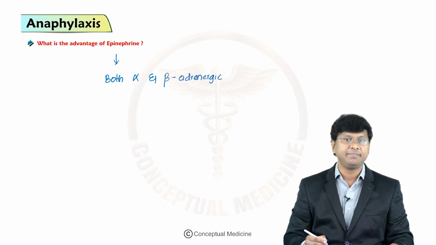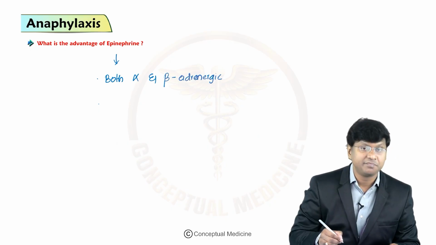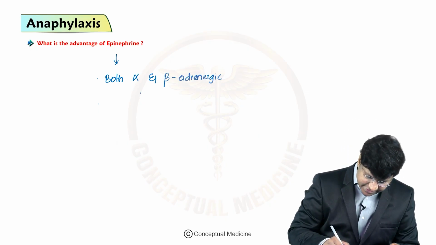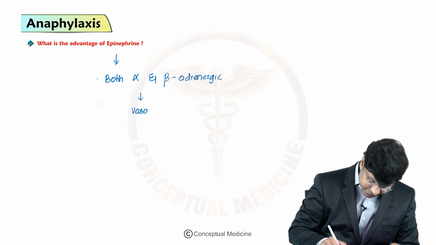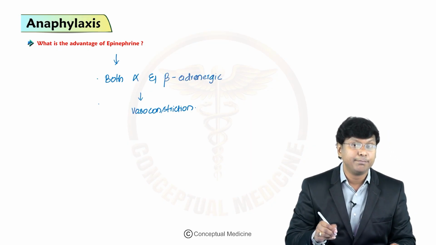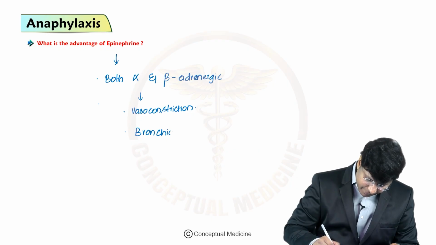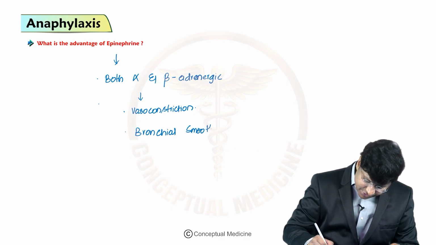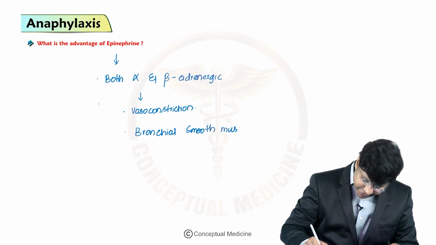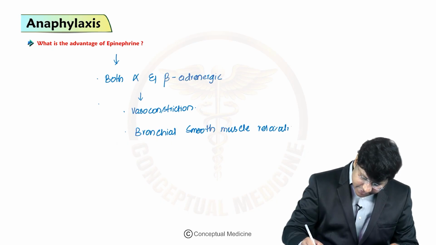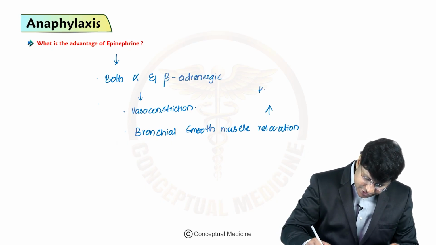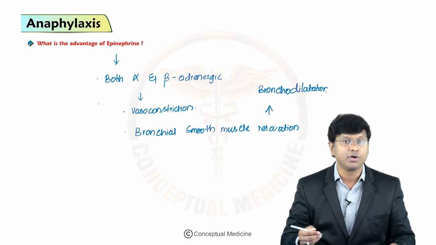Because of both alpha and beta adrenergic effects, that will result in vasoconstriction, and that will also cause bronchial smooth muscle relaxation, and because of that, the individual will have the development of bronchodilation.